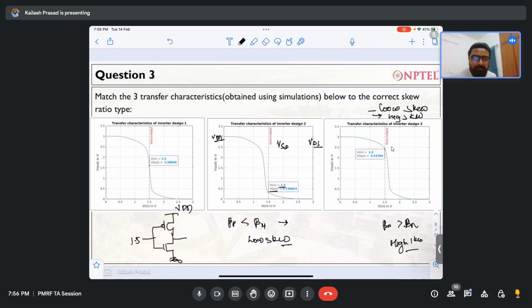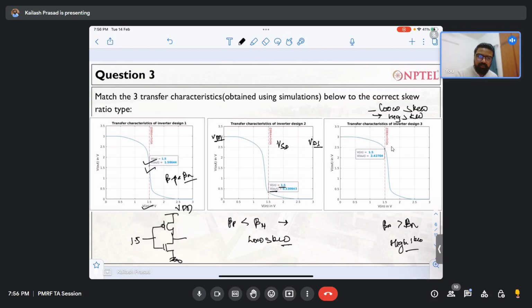The ideal expectation when beta P is equal to beta N is that the output should be VDD by 2, which is 1.5. When there is no skew, if the input is 1.5, the output is also 1.5. This we agree on, because we proved it in the last question.